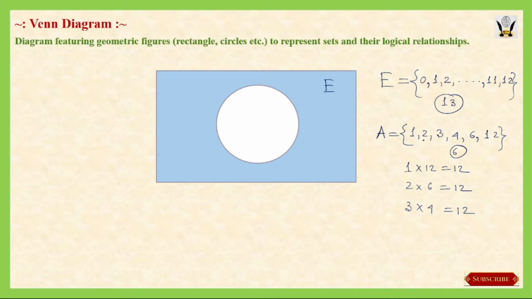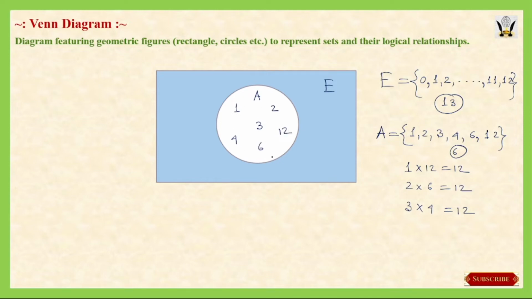Since set A has 6 elements, we can represent those 6 elements by 6 dots, and sometimes or mostly we represent the elements, if needed, by their real values. So if set A has 6 elements and their values are these, then inside that circle which is set A, we can represent the values which are 1, 2, 3, 4, 6 and 12.